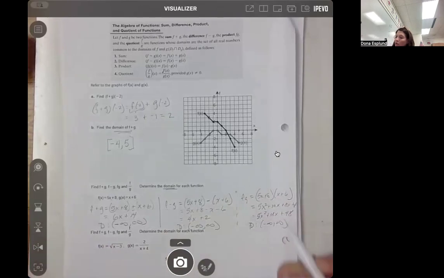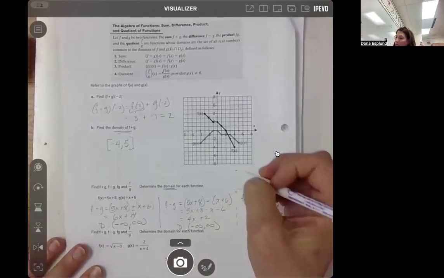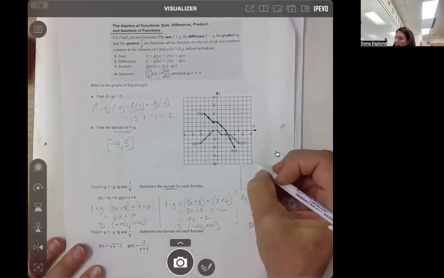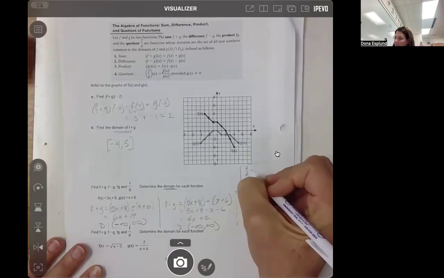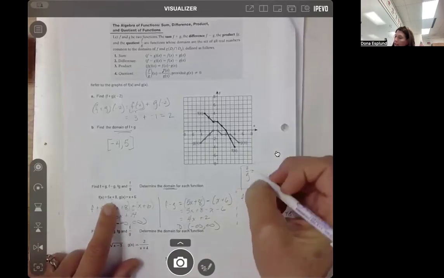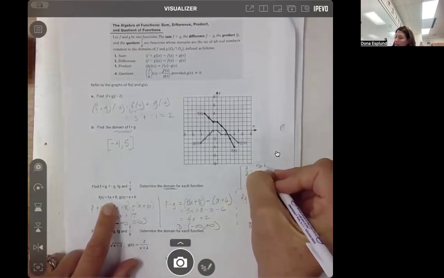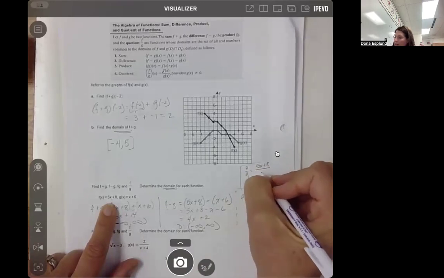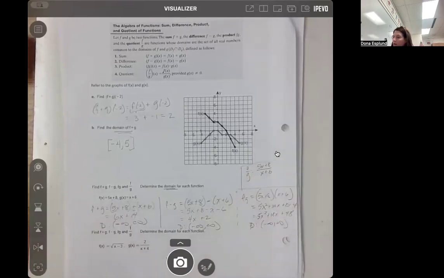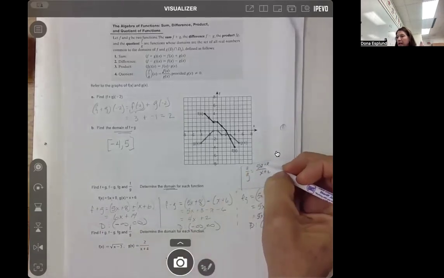But we know that with division, you've got to be a little more careful. So in this case, f divided by g will look like 5x plus 8 over x plus 6. Now, be careful. Can I cancel anything? Guys, I do still see a lot that people say, I'm going to go ahead and cancel the x's.